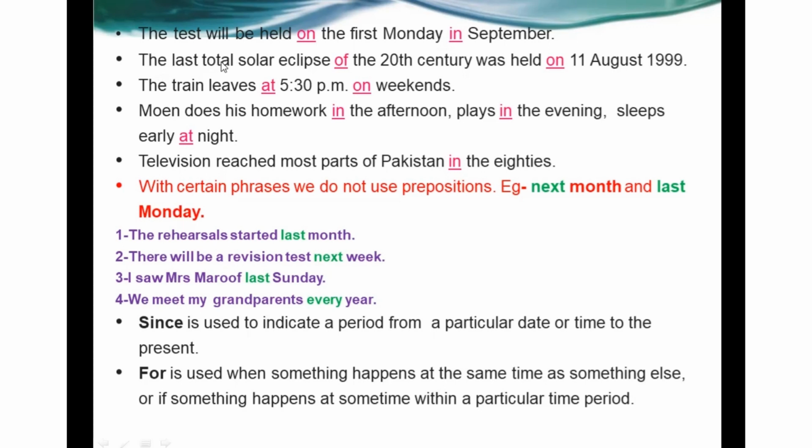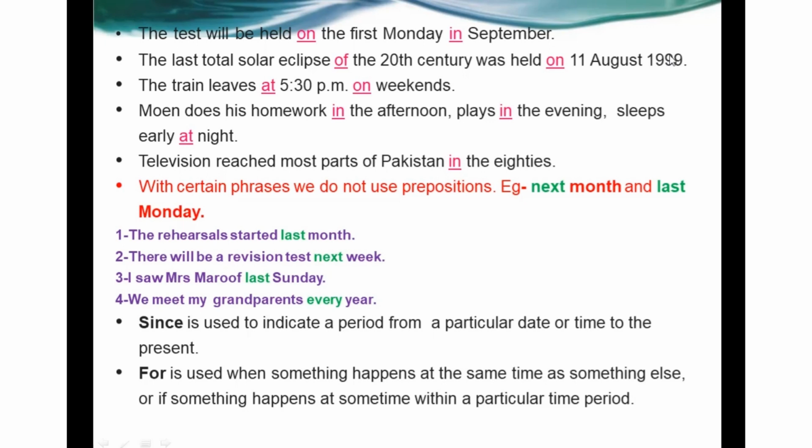The last total solar eclipse of the 20th century was held on 11th August 1999. Okay, now let's see, there's a specific date they want to talk about. When did the solar eclipse take place? It took place on the 11th of August 1999. At what exact time it happened, that we don't know, right?